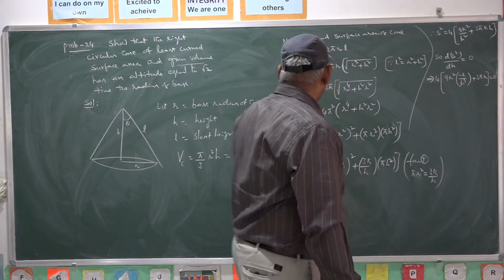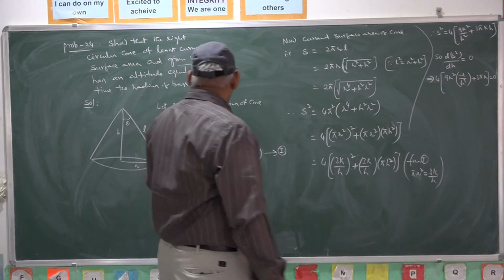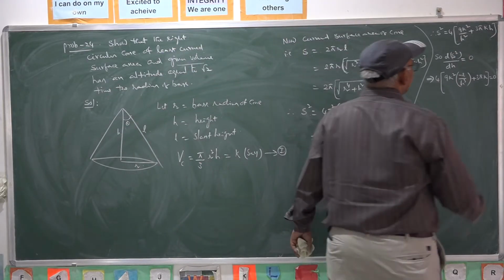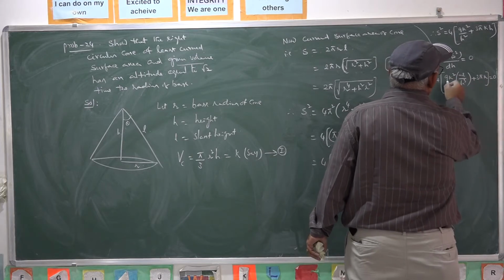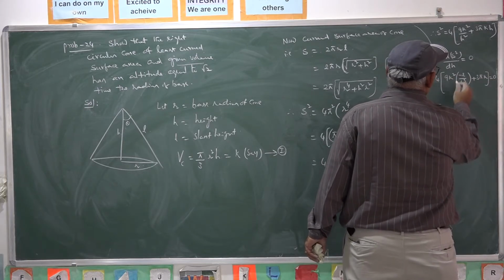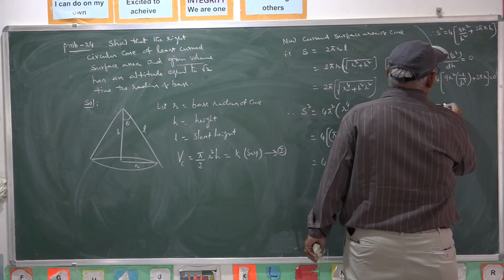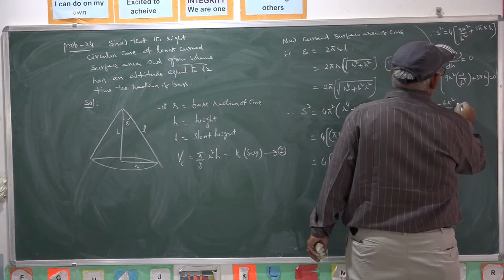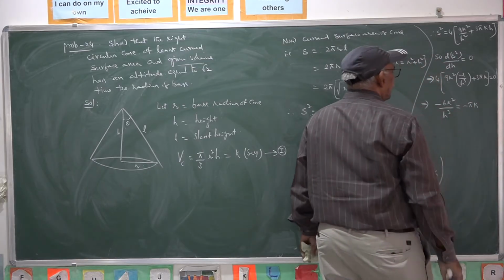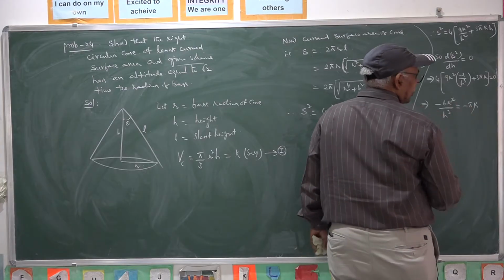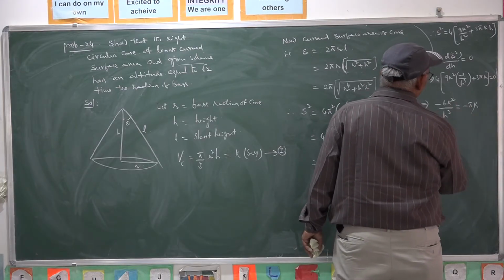k cannot be 0 because k is the volume of the cone. So this 4 and 3 may be cancelled. So minus 6k square by h cube equals minus pi k. You can remove k on both sides because k is not equal to 0.